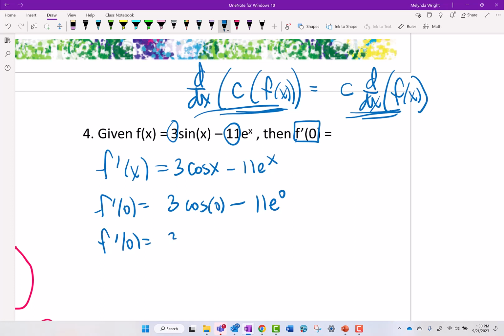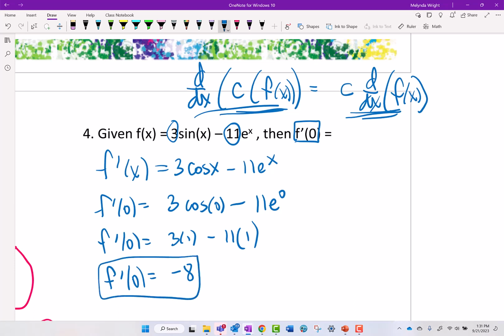So 3 times 1 is 3. And then we know e to the 0 is 1, right? So f prime of 0 is 3 minus 11. What is that, negative 8? My arithmetic is horrible. Is that right? Negative 8? Okay, perfect. Are we okay?